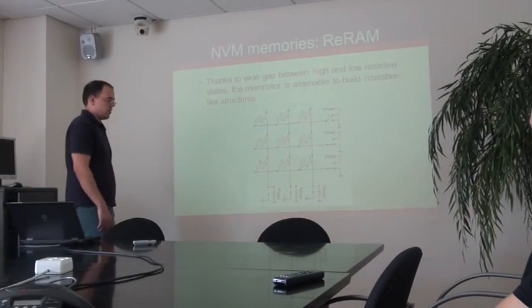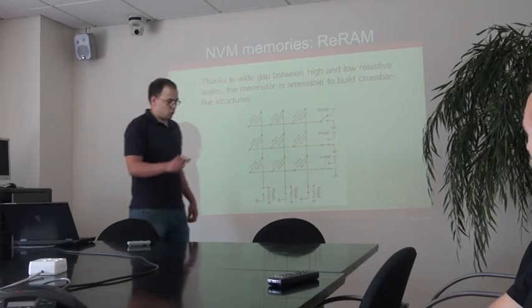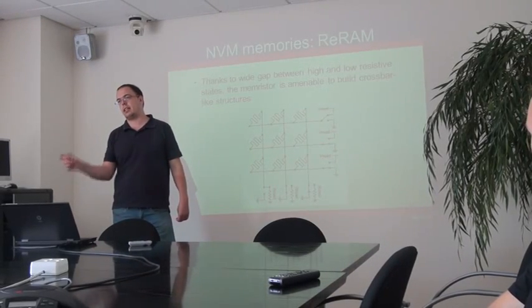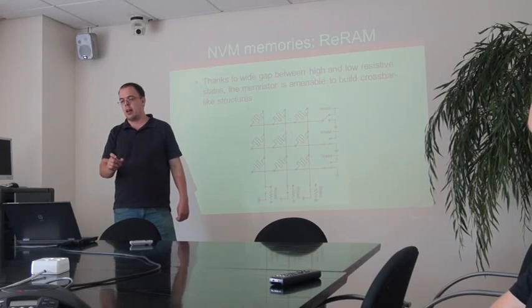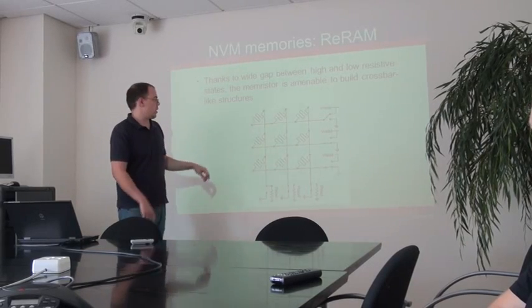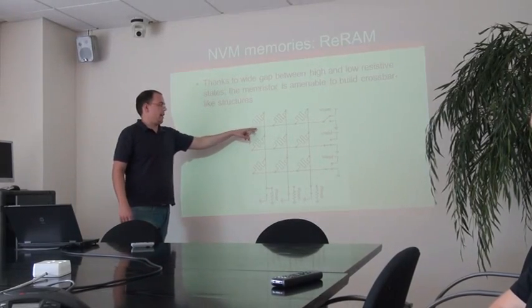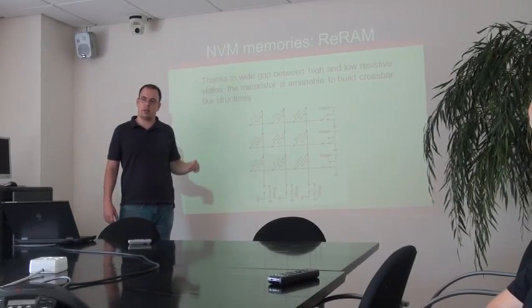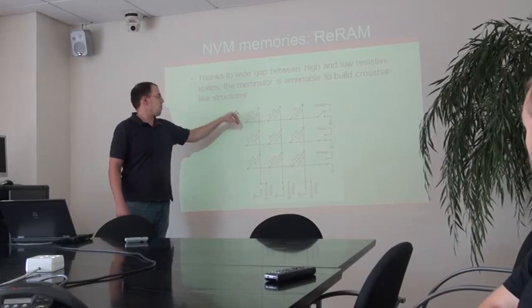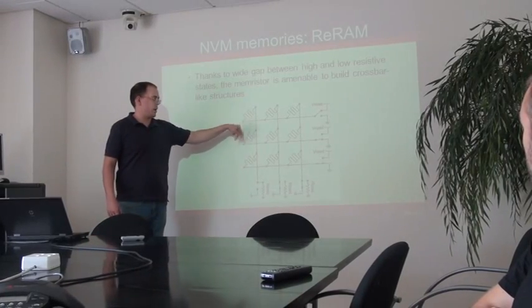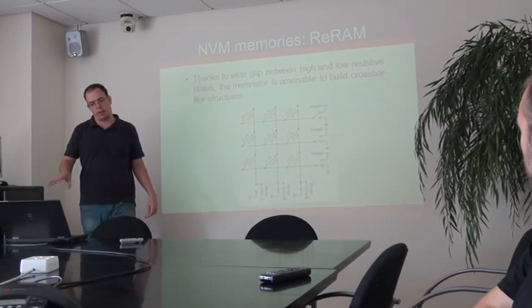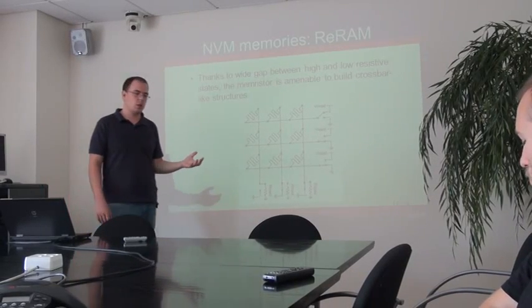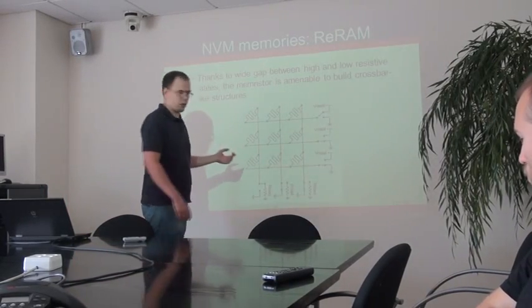This technology has the advantage that due to the separation between the high resistivity state and the low resistivity state, we can get rid of the typical access device, which is typically a transistor, and form crossbar structures without any access device. So we achieve the minimum cell size possible, which is 4F squared.